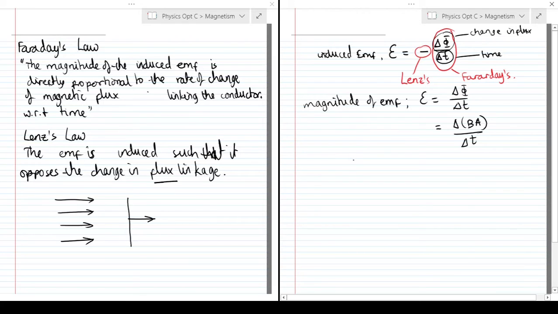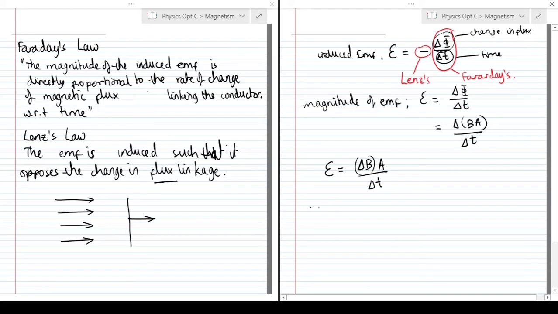Now, typically what would happen is you wouldn't have a change in area, you would just have a change in magnetic flux density. So the EMF in this case basically boils down to delta B multiplied by the area divided by the length of time taken, most of the time. That's actually a general formula, right?